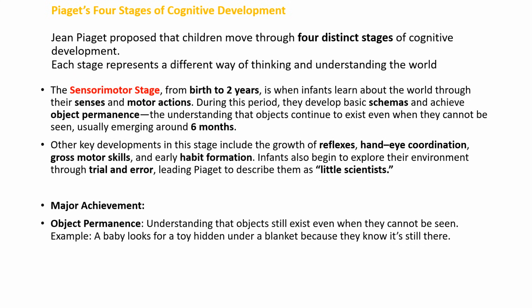Since you took that toy from under the blanket, the child still thinks the toy is there. No matter what you say, the child will not believe you. Even when you pull out the blanket and he himself sees that there's no toy there, he will still not believe. That is object permanence. So take note of that.